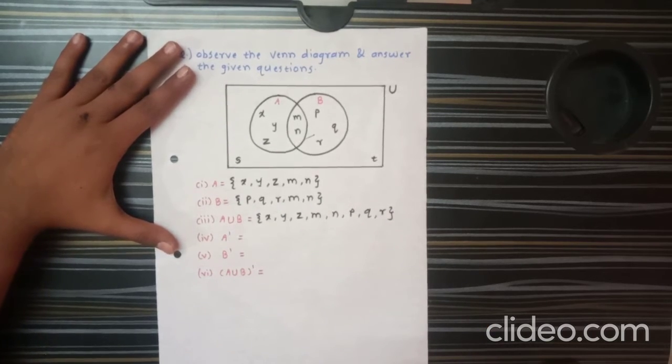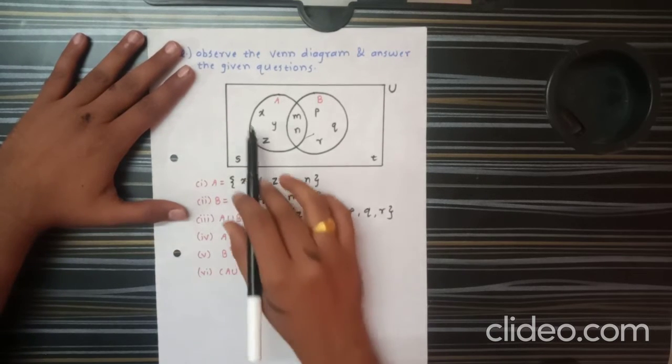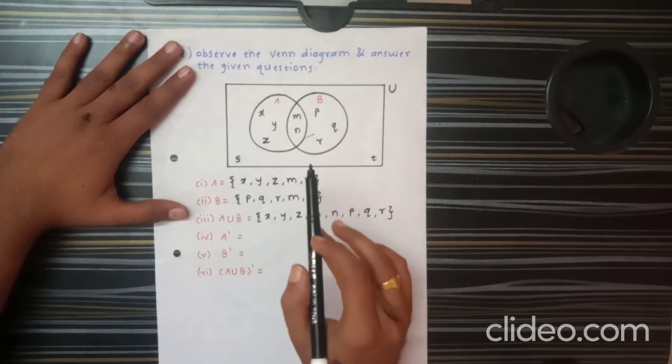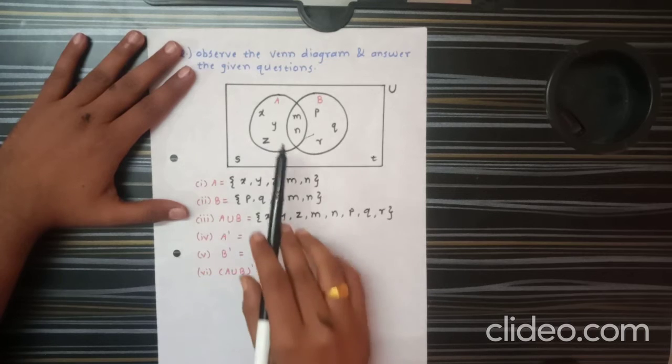Now we have to write A complement. Whenever we write A complement, it means the elements which are not part of set A; only those elements we have to write.